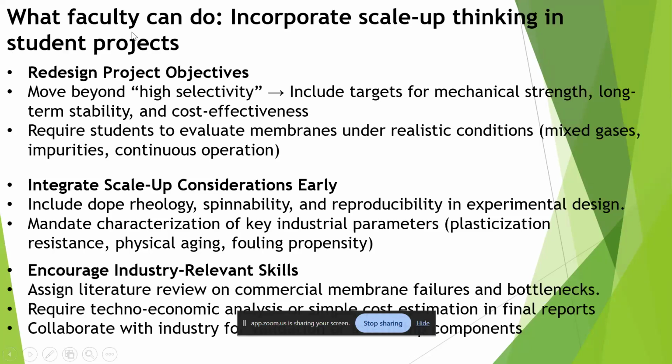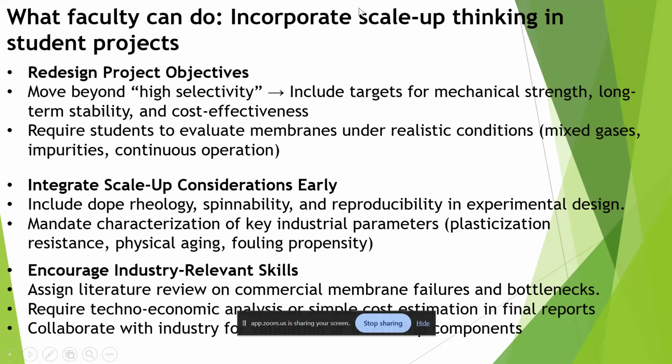So, based on all these things, the academic projects which are coming can make note of all these things, from crossing the Robeson upper bound or getting a high selectivity, to evaluating the membranes not just at lab scale, not just seeing what is happening in the lab, but going out to the industry and trying it out there in realistic conditions to see how it performs.